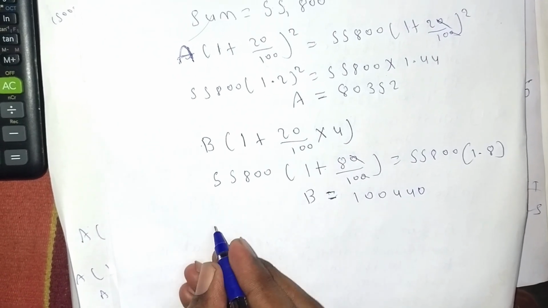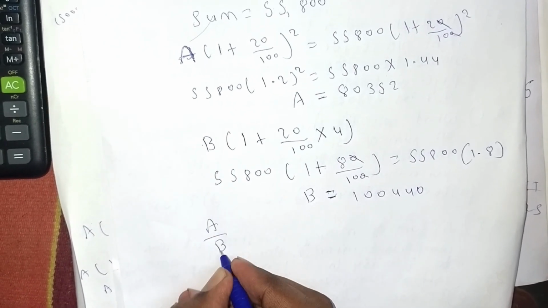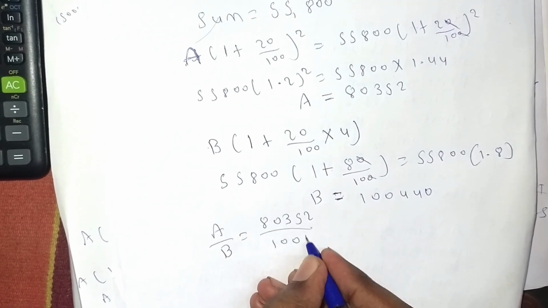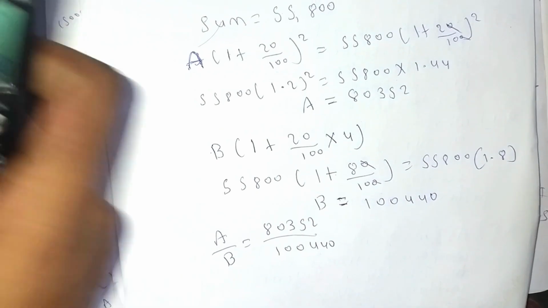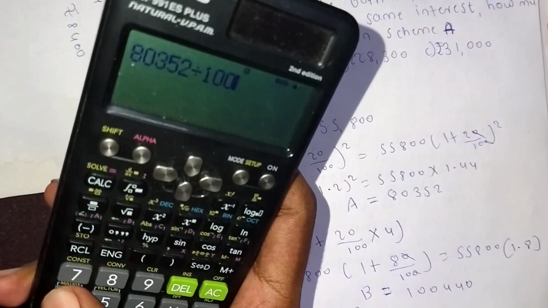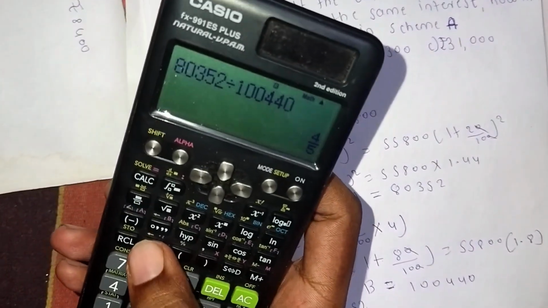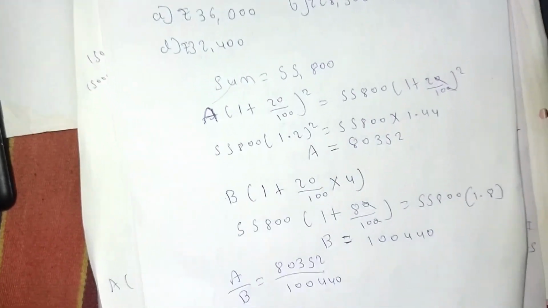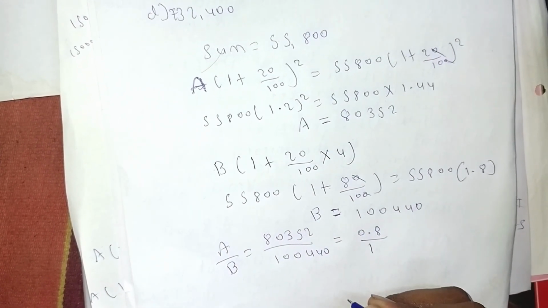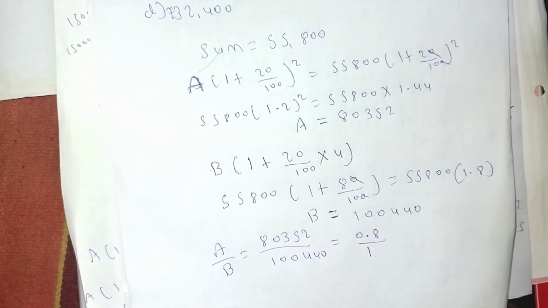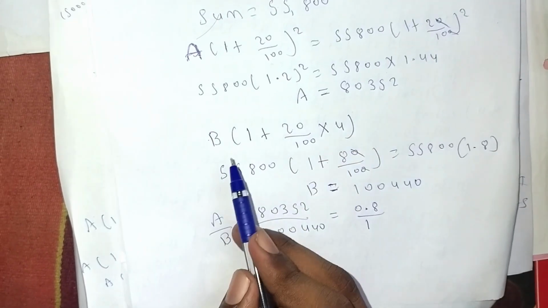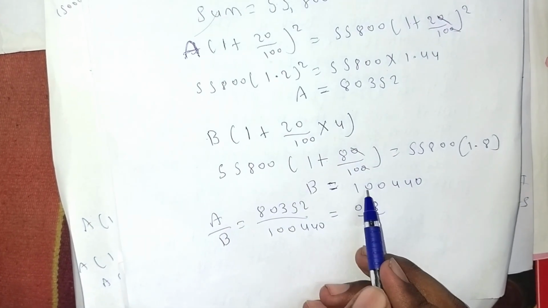So let's compare both of these to get the interest of the same amount. Check here: if you take A divided by B, that is 80,352 divided by 1 lakh 440, this is 4 by 5, which means 0.8 to 1.